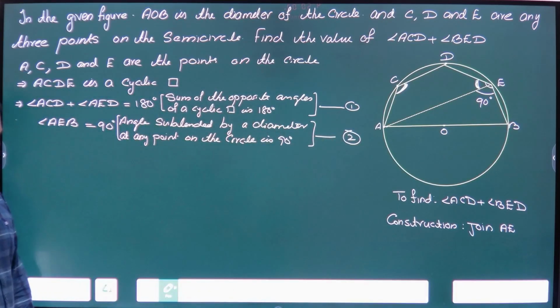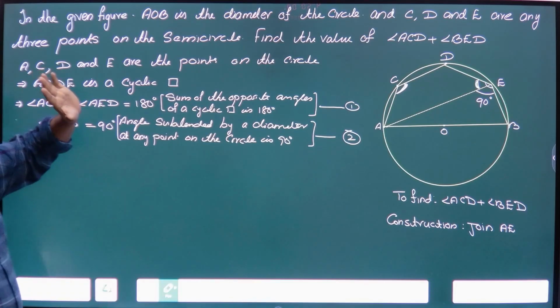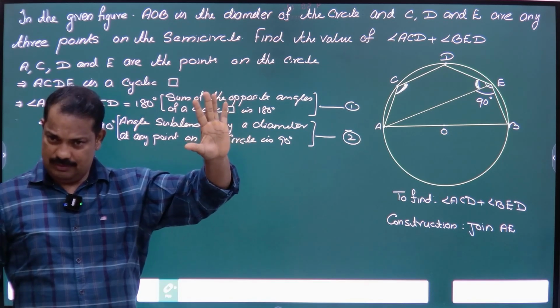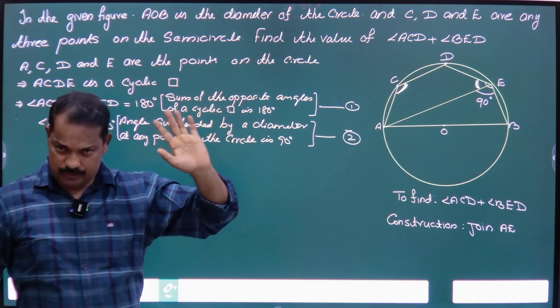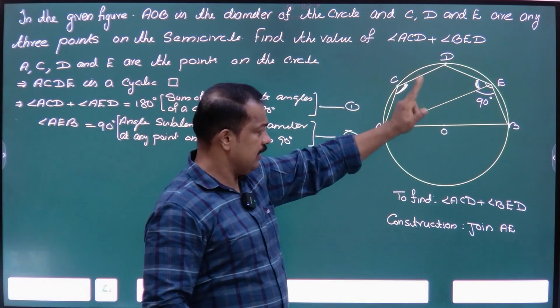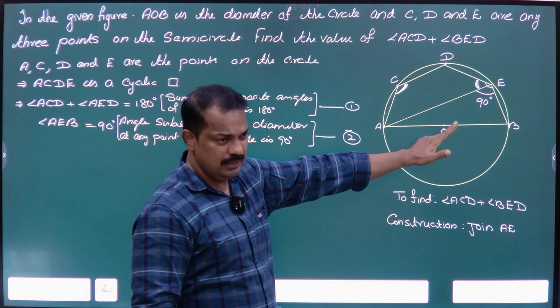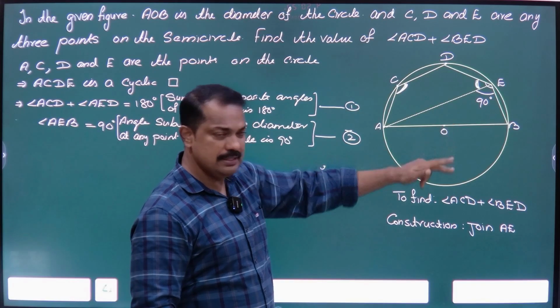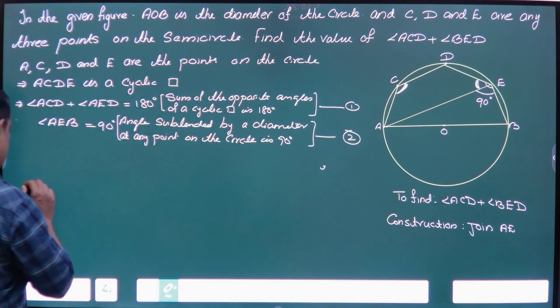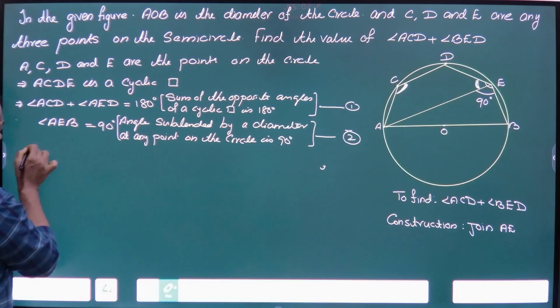So, how do we use equations 1 and 2? Apply the theorem: the sum of the opposite angles of a cyclic quadrilateral is 180 degrees in this figure, and the angle subtended by a diameter at any point on the circle is 90 degrees. Now add equation 1 and 2.